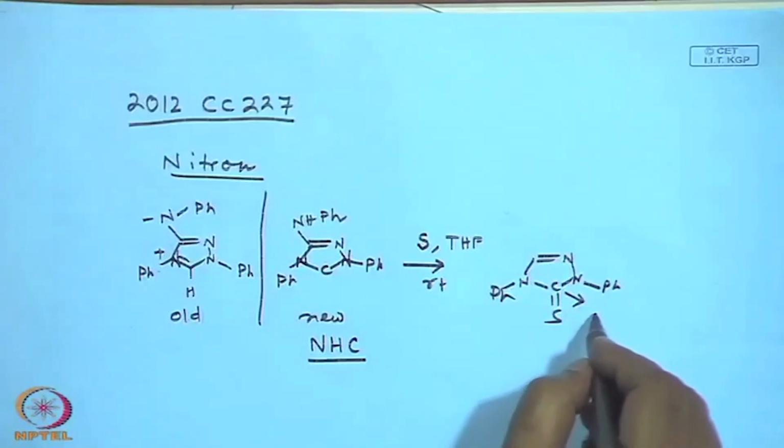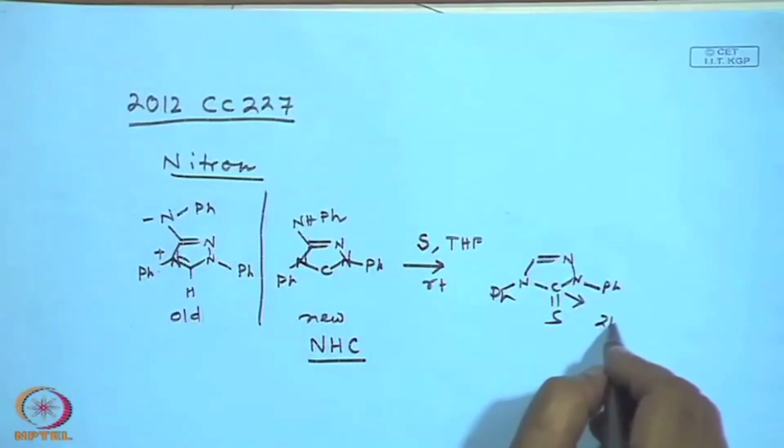What do you see? Carbon NMR, again an example of carbon NMR. This carbon appeared at 229. So carbon NMR again is useful for heterocyclic compounds. Next time we will have a little more on nitrogen heterocycles and nitrogen NMR.